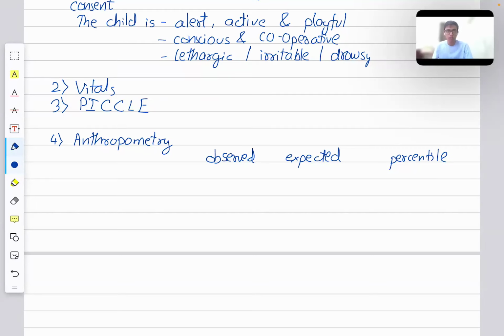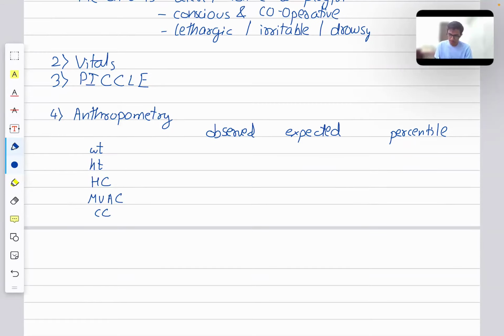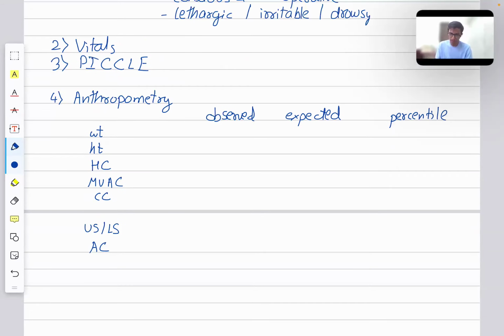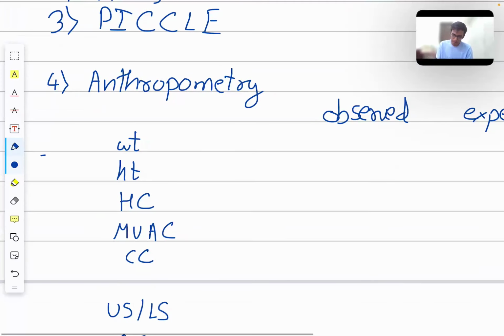So what all are we supposed to measure? First of all, weight, height, head circumference, mid upper arm circumference, chest circumference, upper segment to lower segment ratio, and abdominal circumference. Now, instead of height, up till 2 years of age, you measure the length.